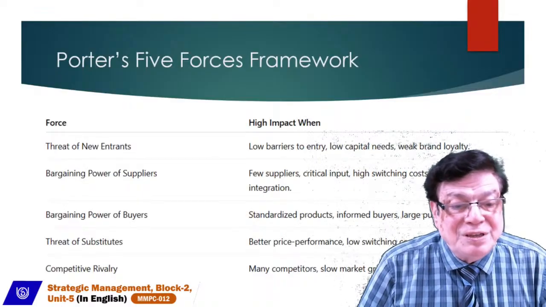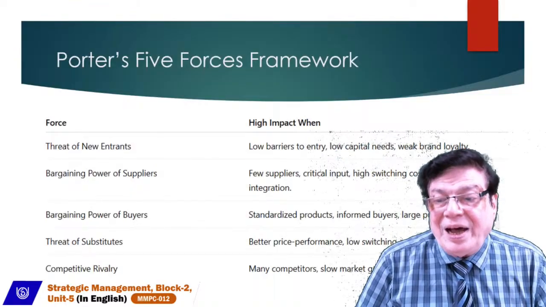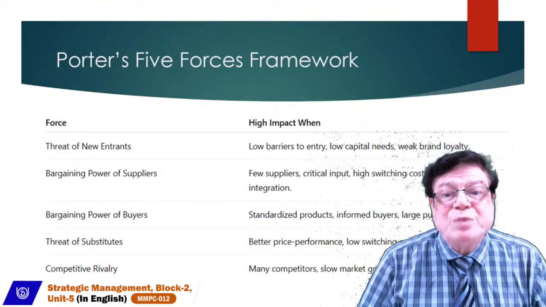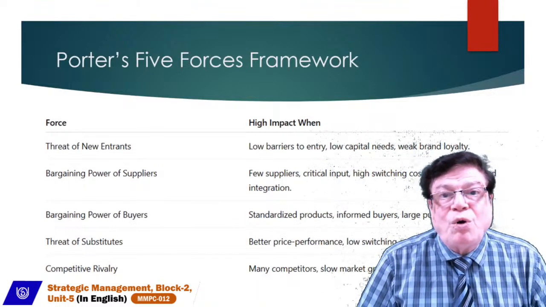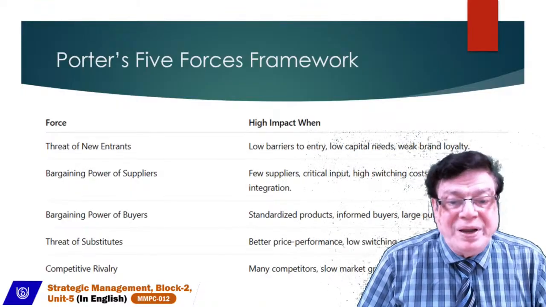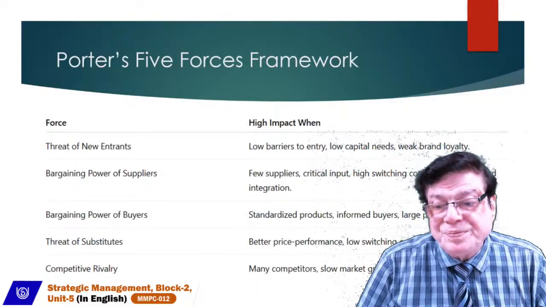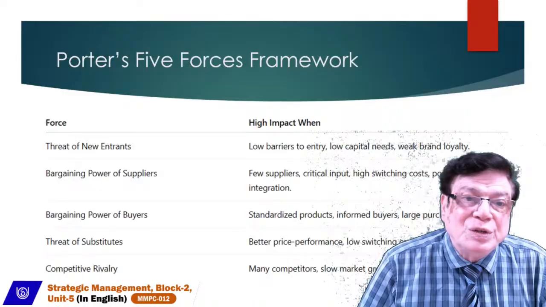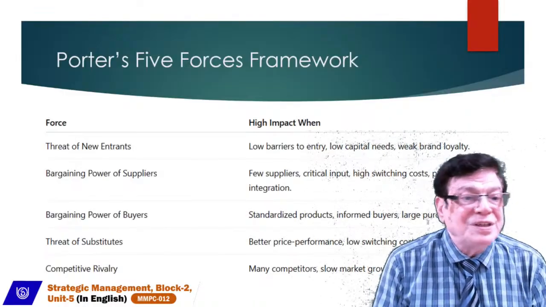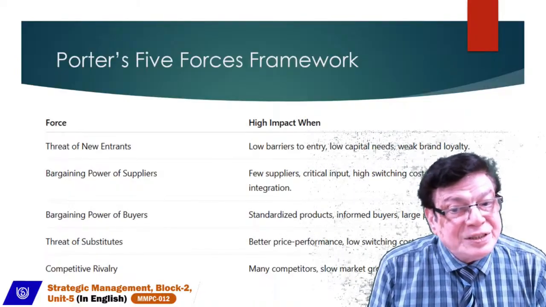Bargaining power of buyers, standardized products, informed buyers, large purchase volume. Threat of substitutes, better price performance, low switching cost, high acceptability. Then competitive rivalry, many competitors, slow market growth, lack of differentiation. So what Porter says about five forces, the first force is threat of new entrants.